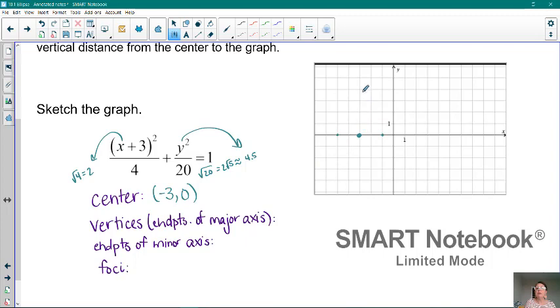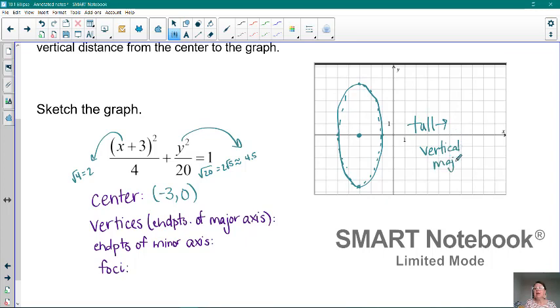Up 1, 2, 3, 4.5. Down 1, 2, 3, 4.5. And I will sketch in my ellipse. Now I'm able to see, because I have it graphed, that my ellipse is tall, which means it has a vertical major axis.